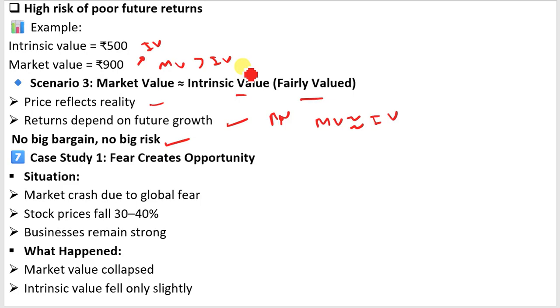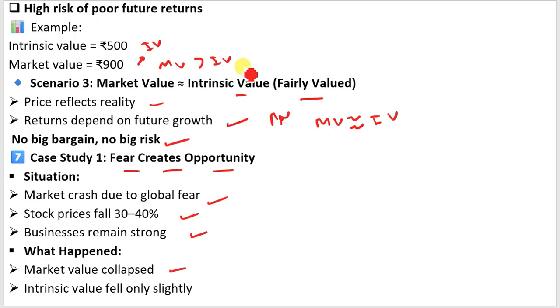Now we understand from case study 1 that fear creates opportunity. Situation: market crash due to global fear. The stock prices fall 30 to 40%. Business remains strong. What is happening in the market? There is fear, greed, emotion, but the business company is detached from these market sentiments. Then what happened?